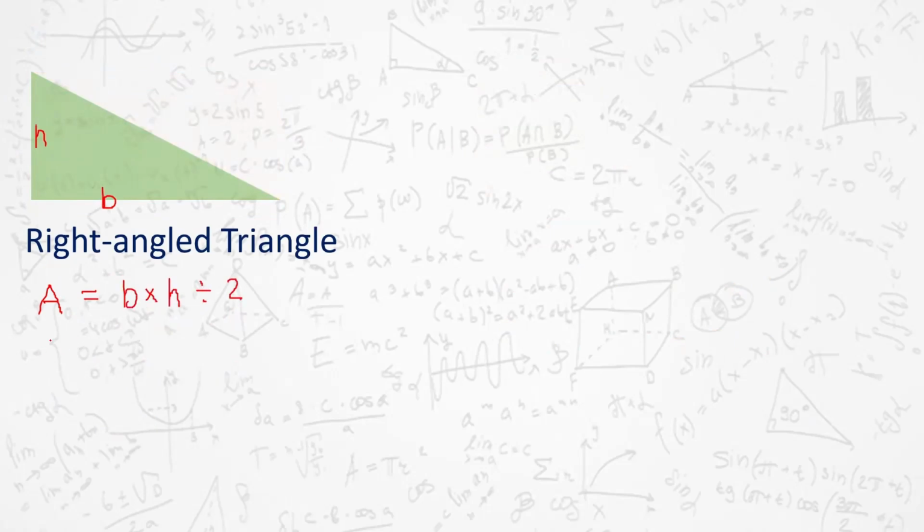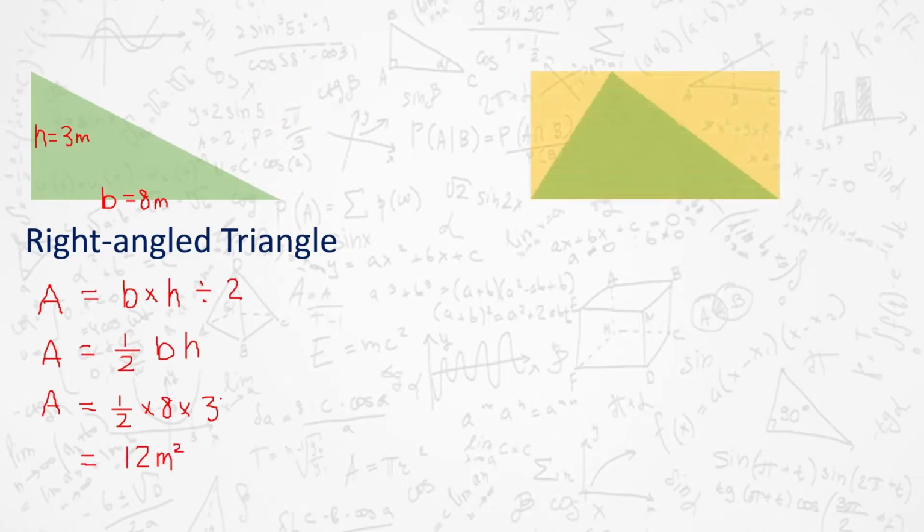Which is also why sometimes you see the formula look like this: half of base times height. Therefore, using the same numbers: base 8 meters, height 3 meters, I would have my area equals half of 8 times 3. So my answer is 12 meters squared.